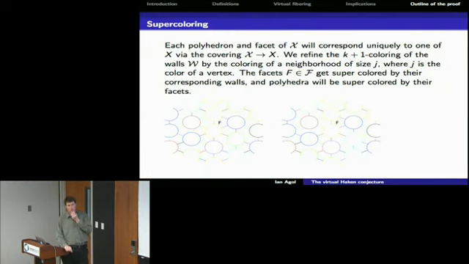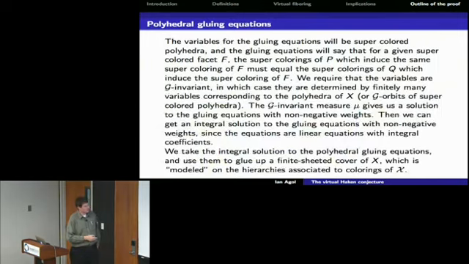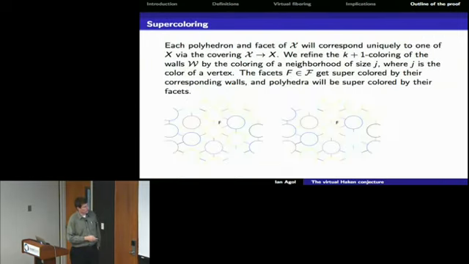Right. So that's the second stage of our hierarchy, or the first stage was just this collection of supercolored polyhedra. Now the gluing equations say that the supercolored faces match up in pairs. So I start with the guys colored with a 7 label, and I glue them together in pairs, matching the supercoloring, so that you're not just going to glue 7 to 7 arbitrarily, because you need the color on one side to match up with the color on the other.